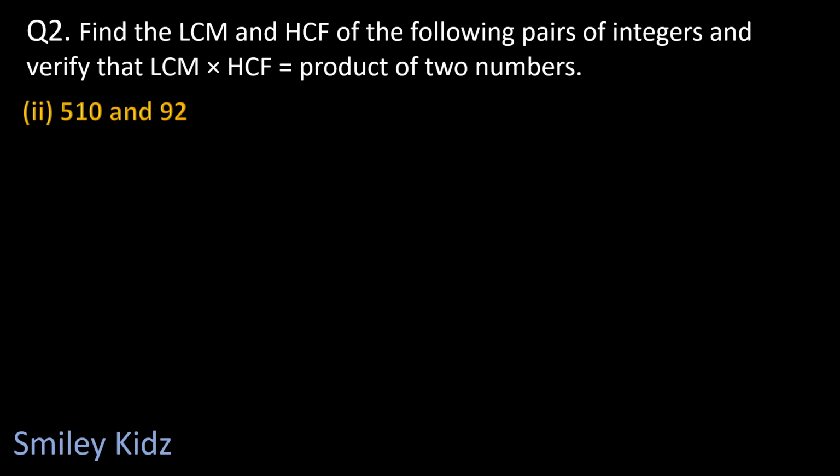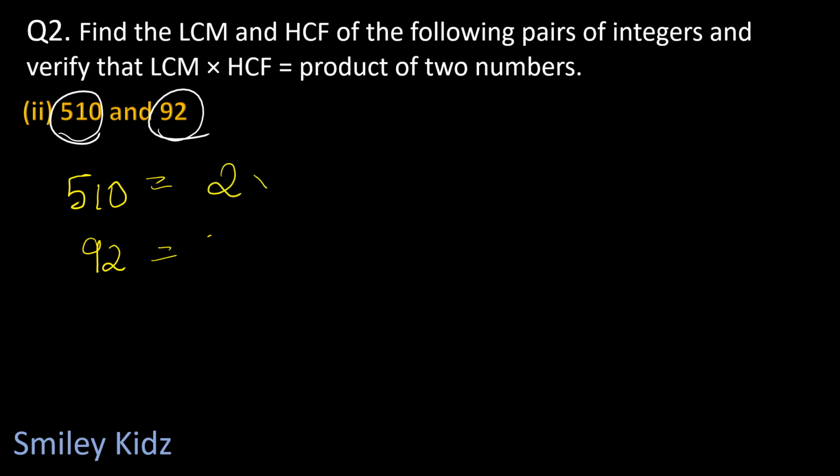Then we have the second pair of numbers, 510 and 92. First let's find out the prime factors of each. The prime factors of 510 are 2 times 3 times 5 times 17. The prime factors of 92 are 2 times 2 times 23, isn't it?